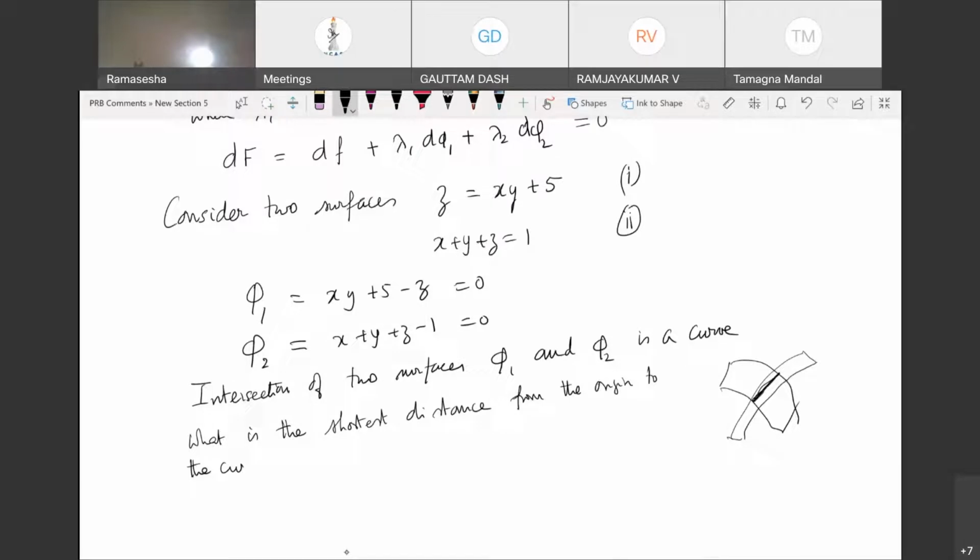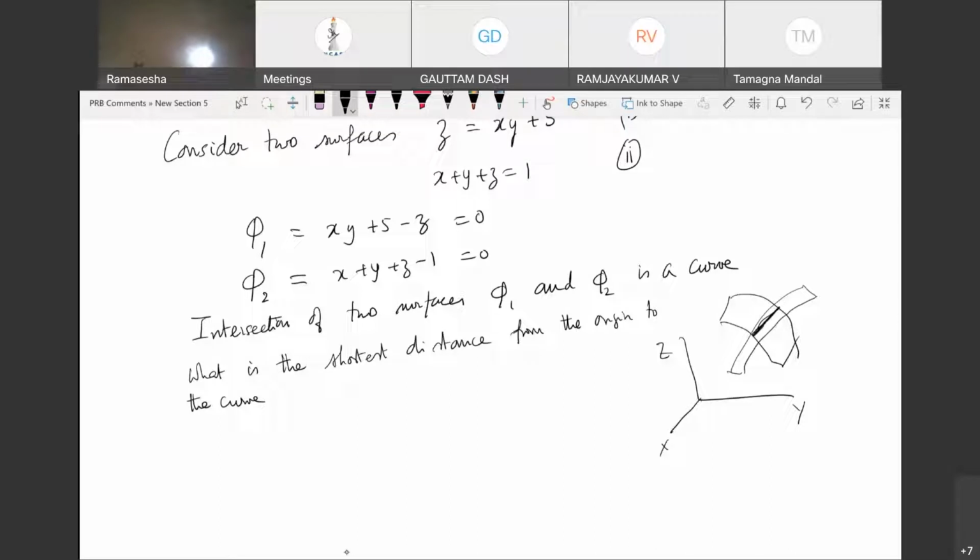So I have x, y, z here, and I'm looking for the point x, y, z for which the distance is minimum.